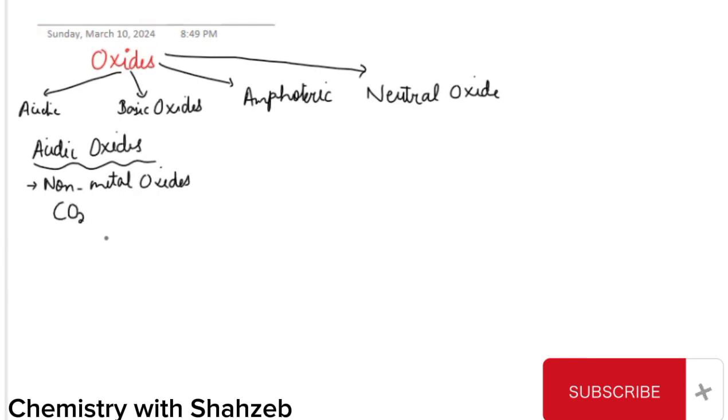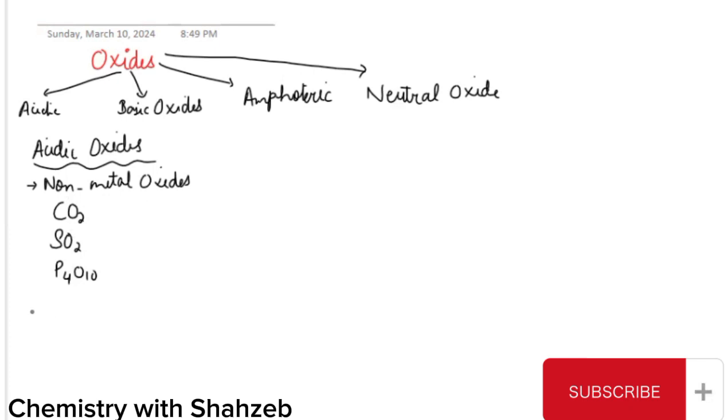We have sulfur dioxide, SO2. We have phosphorus pentoxide, that is P4O10. Okay, so these are the examples of non-metal oxides.